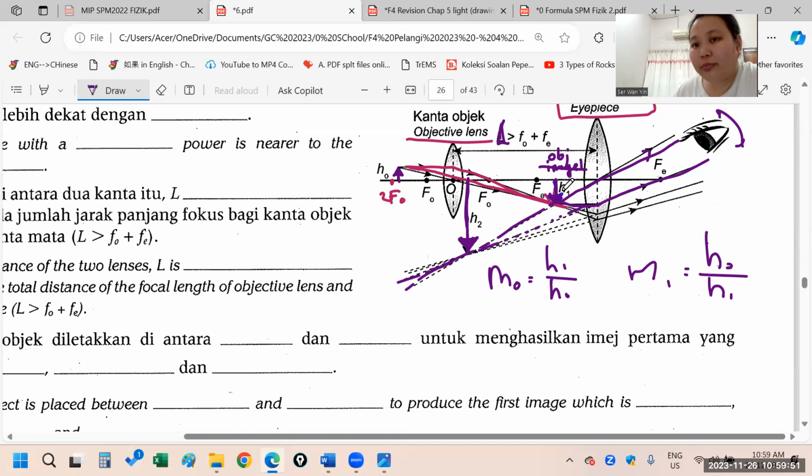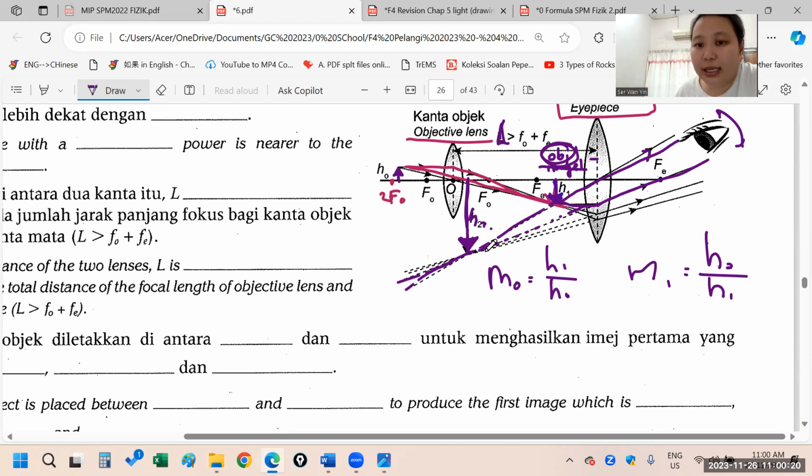This object forms this image. Then now this image becomes the object of the eyepiece. Okay, so now we need to magnify this object with the eyepiece. So this is H2.